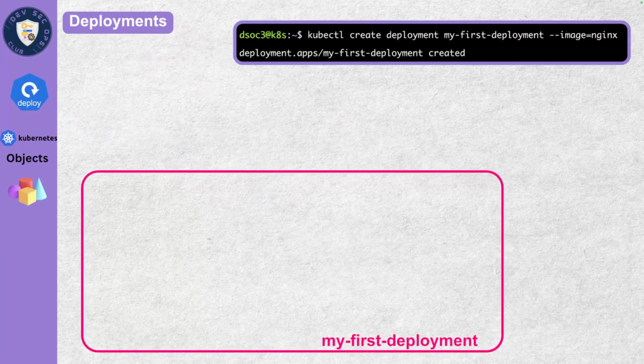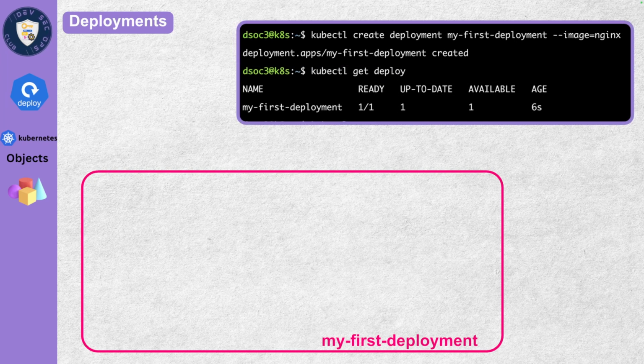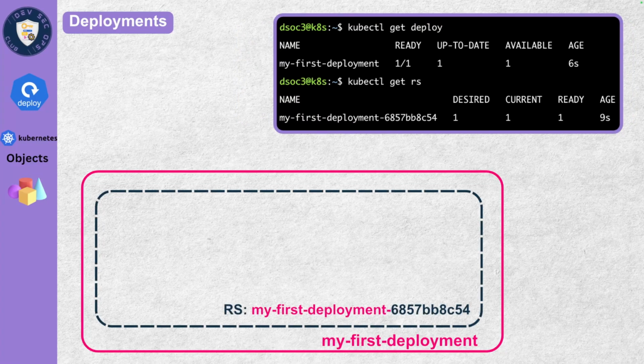So what happens in the deployment? Of course we can create one with the command kubectl create deployment, my first deployment, image name, and it creates a deployment in Kubernetes. I can simply say kubectl get deployment. It says one because I mentioned one desired, one current. Good. But what is the difference over here?